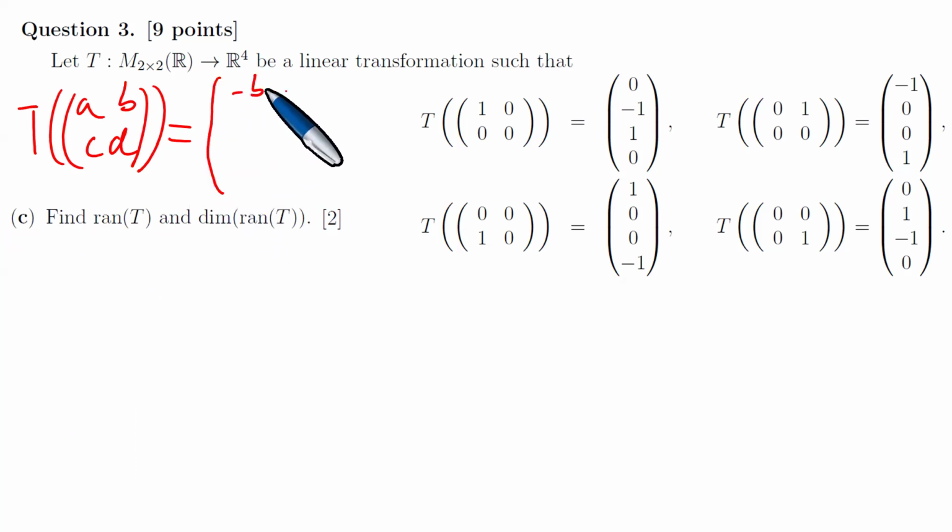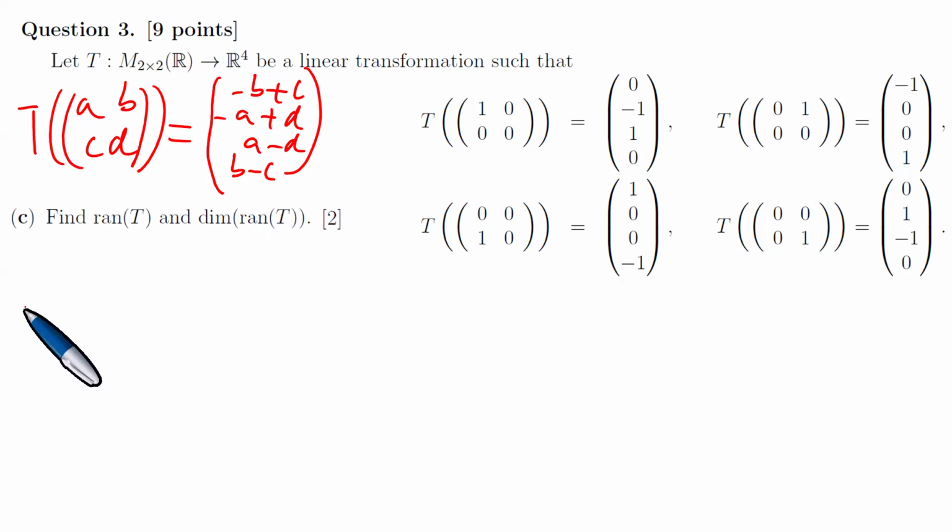It is exactly minus B plus C, minus A plus D, A minus D, B minus C. So this is exactly the image of T.